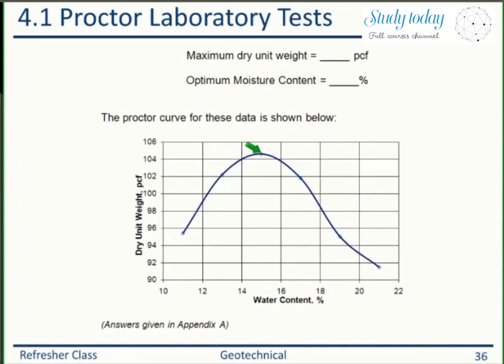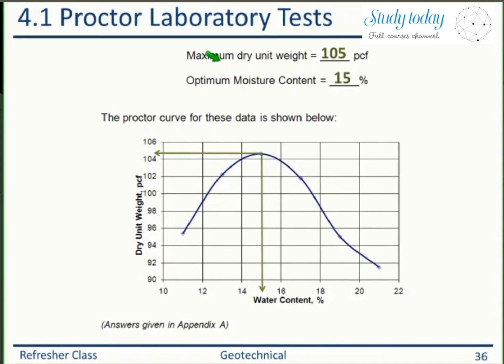When you plot it, your gamma D max is here, which we can say is between 104 and 106, and the moisture content is between 14 and 16. So we could say the maximum dry unit weight is 105 and the corresponding moisture content, known as the optimum moisture content, is 15%. This is how you will determine the gamma D max and optimum moisture content.